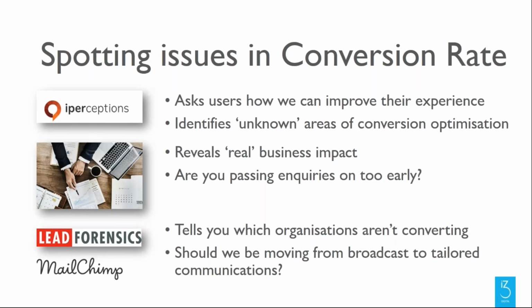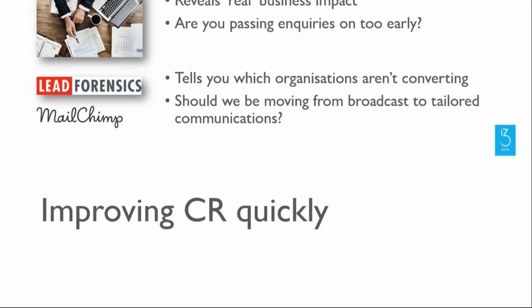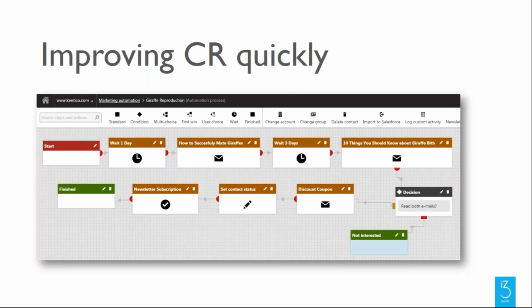So how can you start to improve conversion rates quickly? Well, one of the first things you can do is move, as I was saying, from that broadcast model into that tailored model. You'd need to use some sort of marketing automation or personalization software to do that.